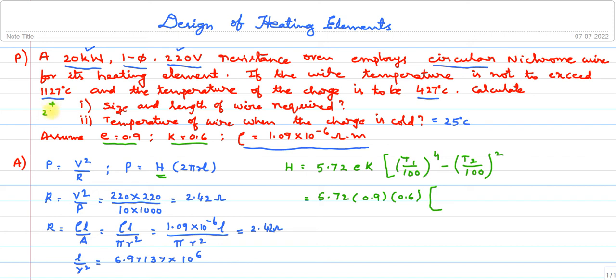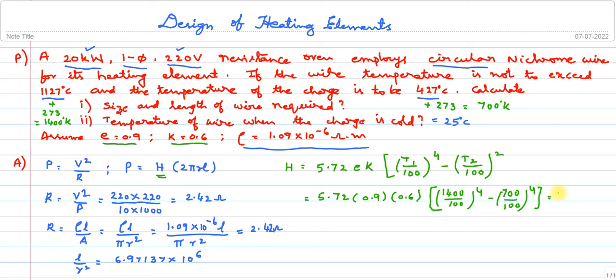I need to add 273, so it will become 1400 degree Kelvin. Similarly, T2 will be 427 plus 273, which is equal to 700 degree Kelvin. So I need to substitute those values: 1400 by 100 whole power 4 minus 700 by 100 whole power 4.